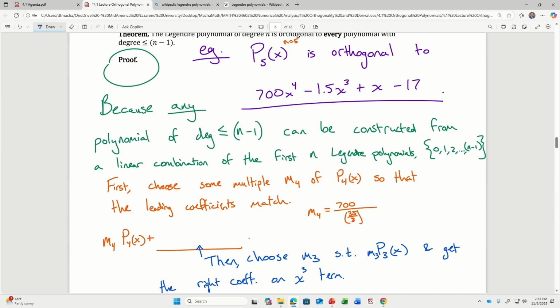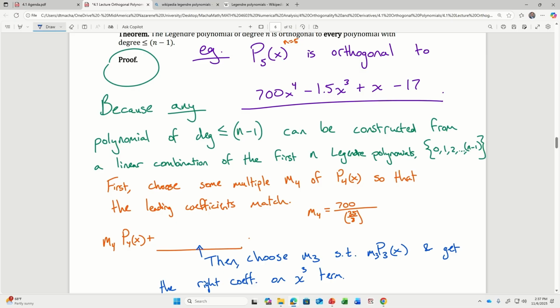Because if I multiply the fourth degree Legendre polynomial by this crazy number, that's going to be something, right? But what I really want that to be is 1.5 or negative 1.5. So how do I make it be negative 1.5? Well, I could add some multiple times the third degree Legendre polynomial until I get exactly the coefficient that I want. And it doesn't change this coefficient 700 because this is only a degree 3 polynomial.